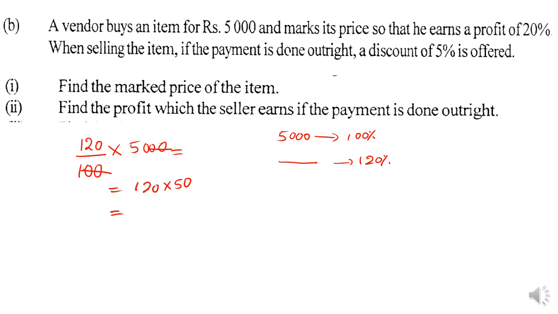Therefore you get something like this. You take 5 into 2, it's 10, you write 0 and 1 carries. 5 into 1 is 5, 5 plus 1 is 6, and you have to add 2 zeros here. Then it is going to be 6,000 rupees.